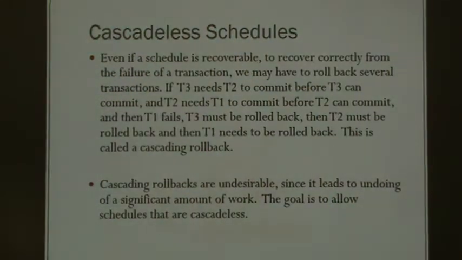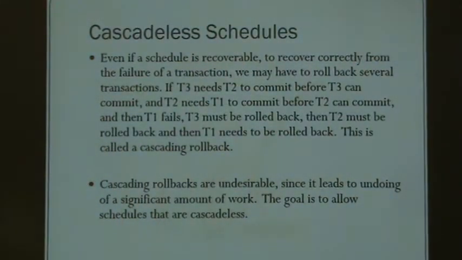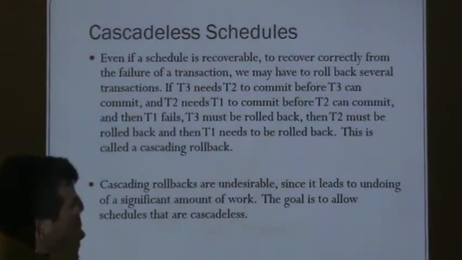Okay. A cascadeless schedule is needed because even if the schedules are recoverable, to recover correctly from a failure of a transaction, we may have to roll back several transactions. So for example, if 3 needs 2 to finish before 3 can be considered finished, and 2 needs 1 to finish before 2 can be considered finished, then transaction 3 must roll back.